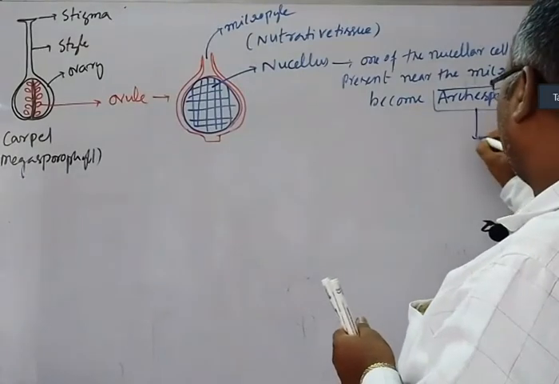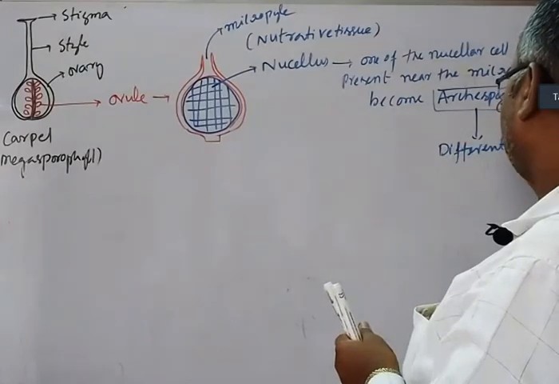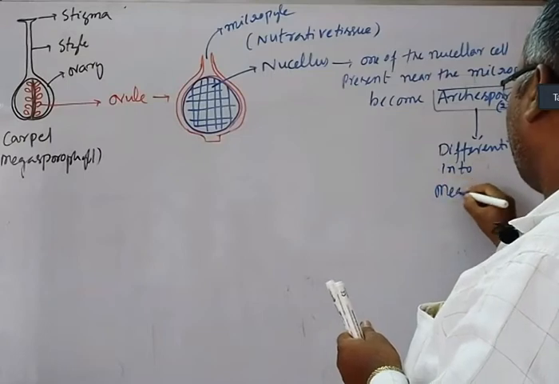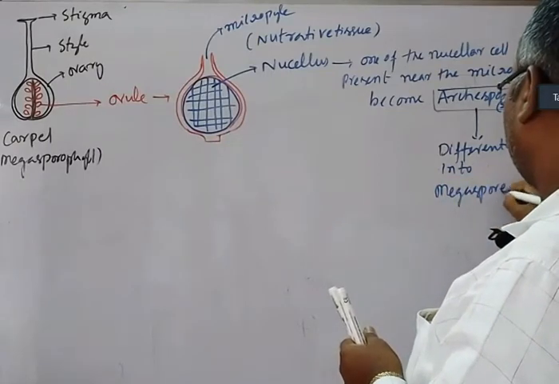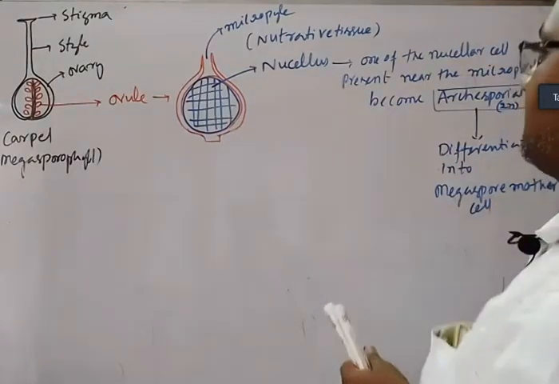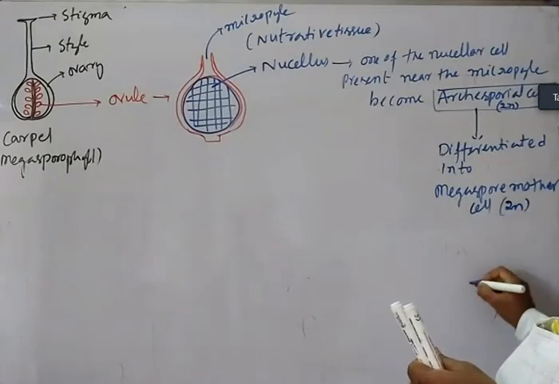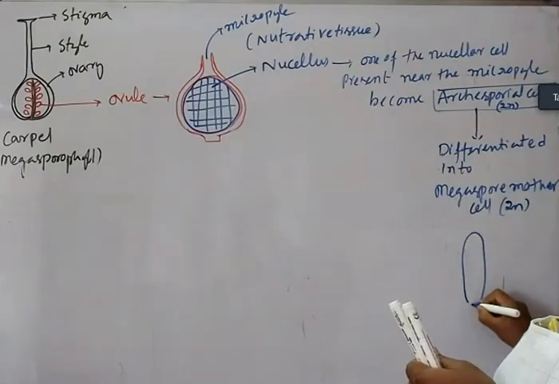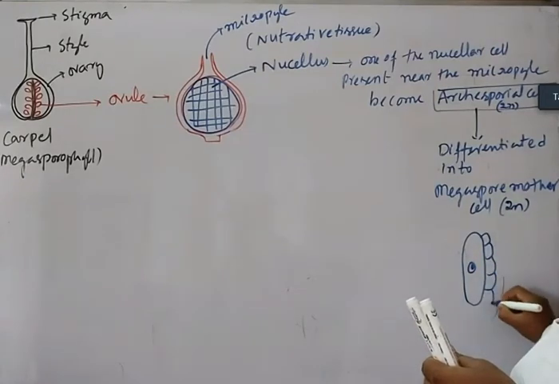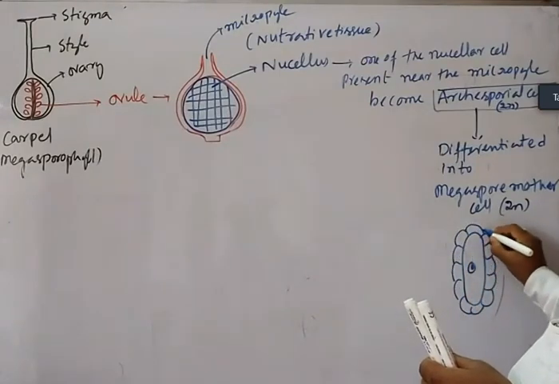This archisporial cell differentiates into the megaspore mother cell. Megaspore mother cell is diploid. Now think that this is the megaspore mother cell, and these are all nucellar cells present around it.